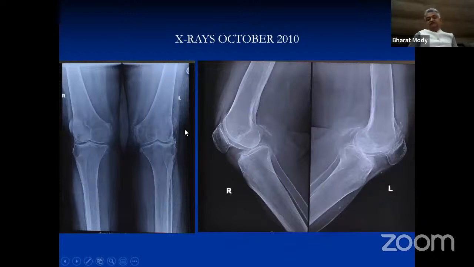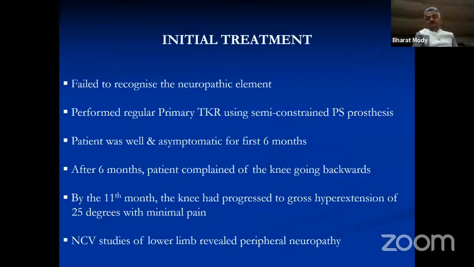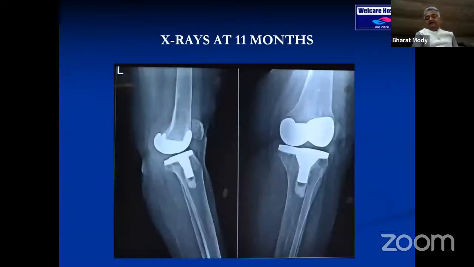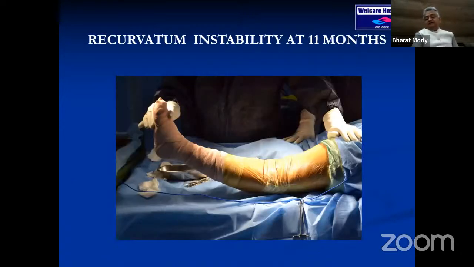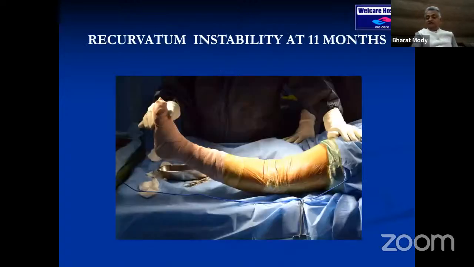I started off with a knee which looked innocent, except for the slight posterior capsule osteophytic formation, ossification. And later on, after doing the primary knee, I realized that it started going into hyperextension. To quickly come to the point, it was a neuropathic joint with an extremely subtle hint. I missed out on that the first time.